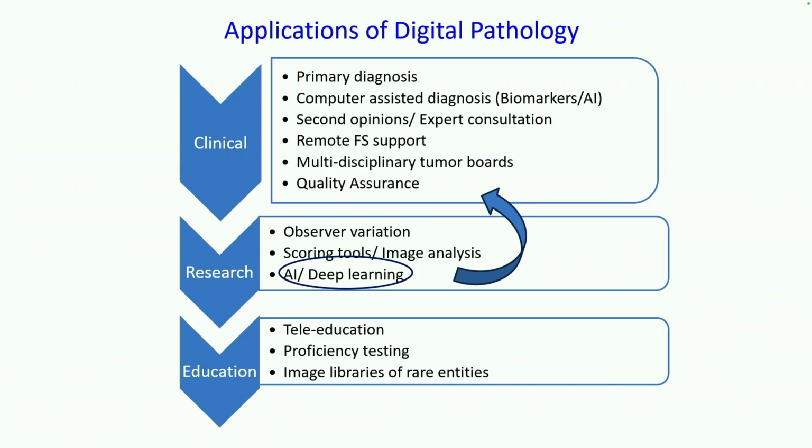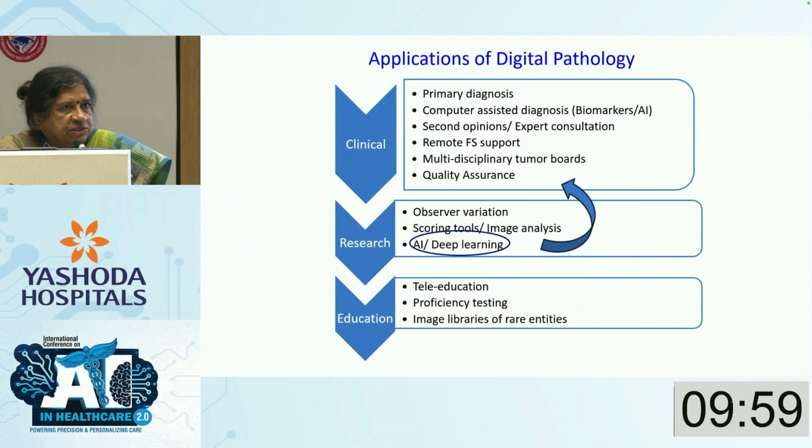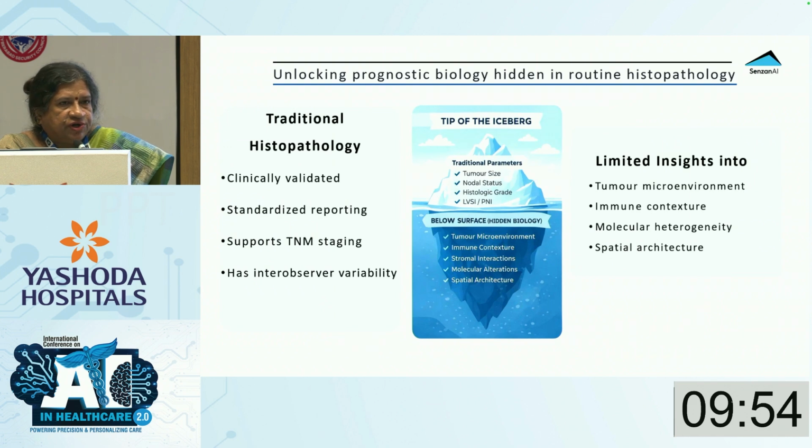Education is the most popular use of digital pathology in India and in the rest of the world also. And there is something which I have kept in research, but it has already reached the clinical space, that is AI and deep learning.